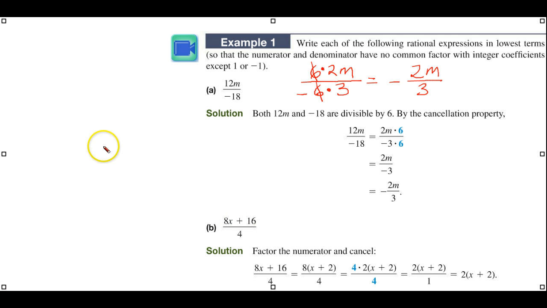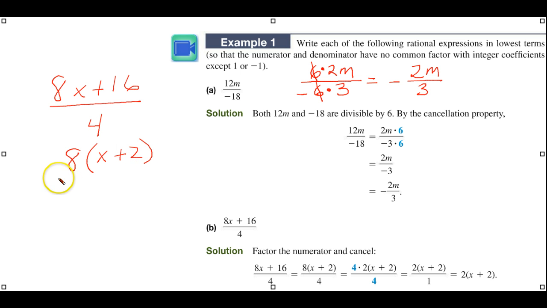Now as we look at example B, we have, let me write it big over here, 8x plus 16 over 4. So this is a binomial, and notice there is a common factor of 8 in each one of these. So we can factor out the 8 and end up with x plus 2. And then now this is in a sense over 4.